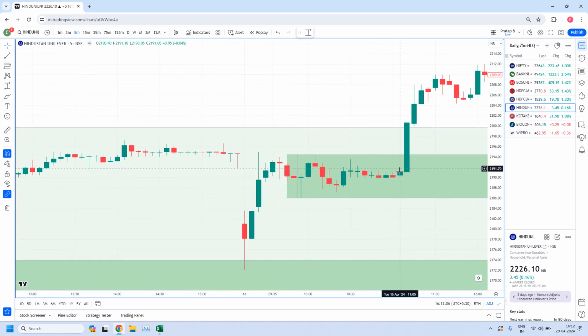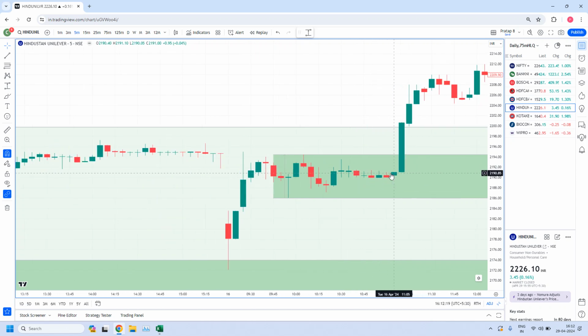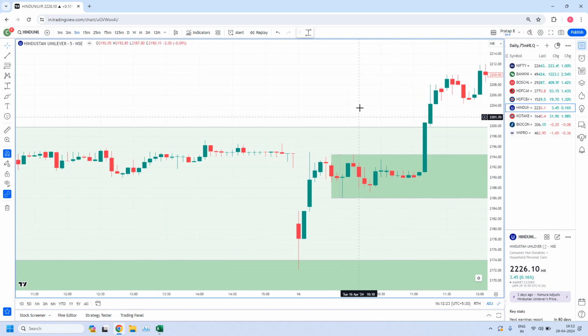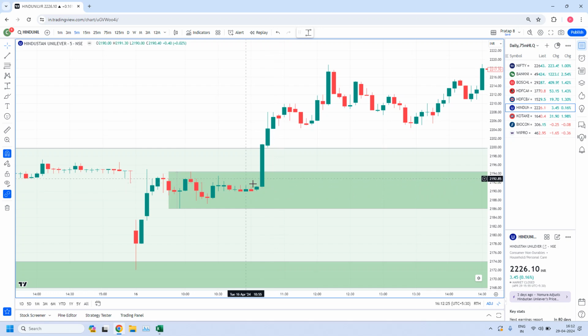See here, so many base candles, 1, 2, 3, 4, 5, 6, 7, 8. Rally, 8 base candles, rally. Anything above 6 is not a good zone. So that is the reason why I couldn't.